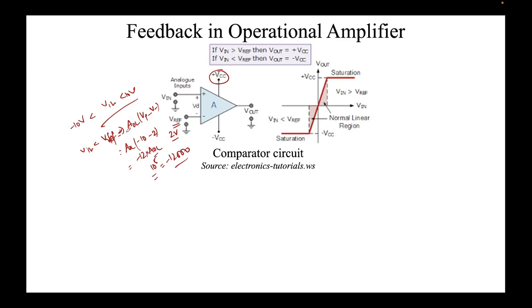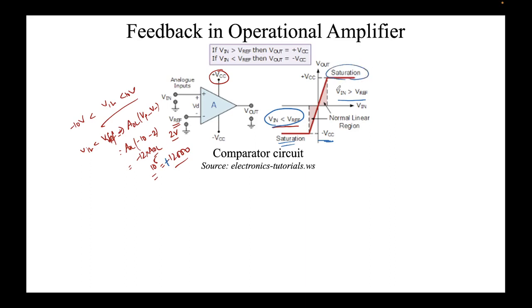So when Vin is less than reference voltage, I'll change the color of my pen for more clarity, we will get output as minus VCC. When Vin is greater than Vreference, this value will become positive, and we cannot go beyond VCC, so we'll get this value.